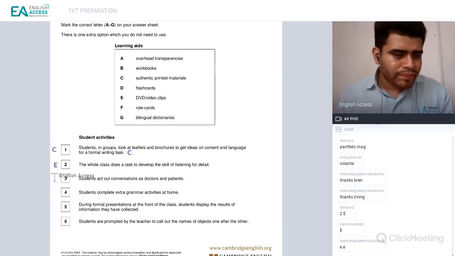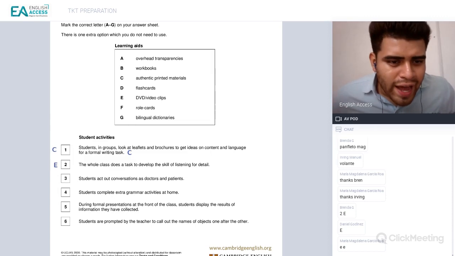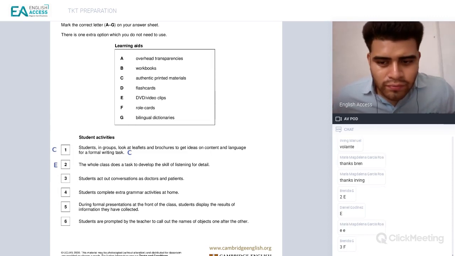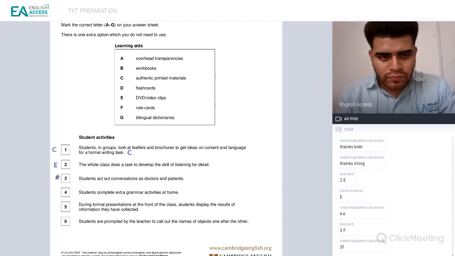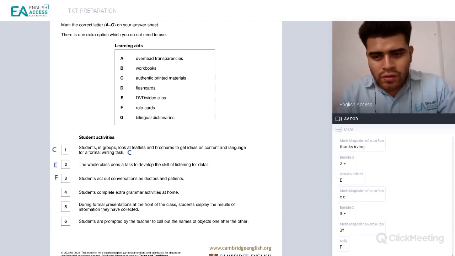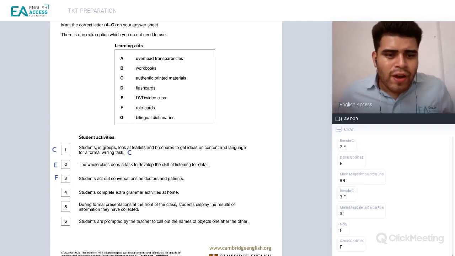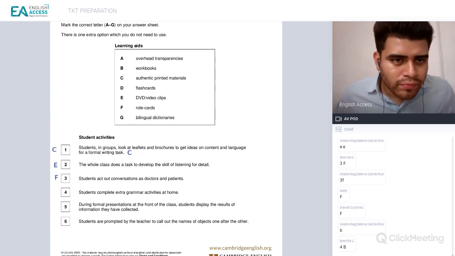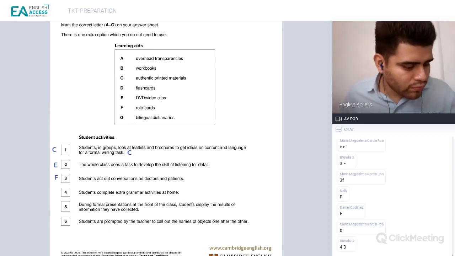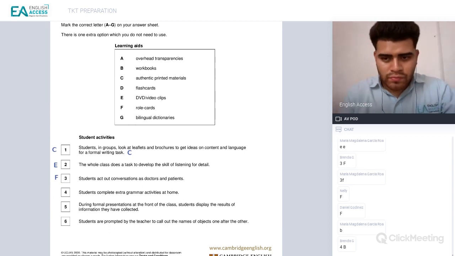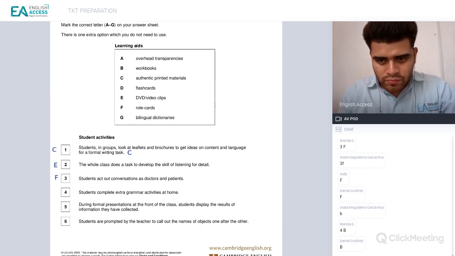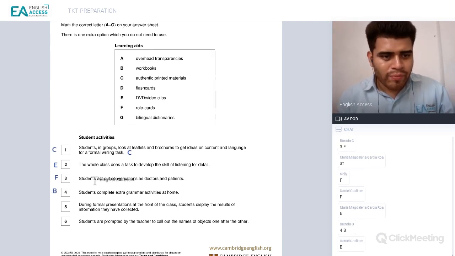Number three, students act out conversations as doctors and patients. Number three is F. Very good. We are role playing. Students complete extra grammar activities at home. Very good. They have the workbooks.